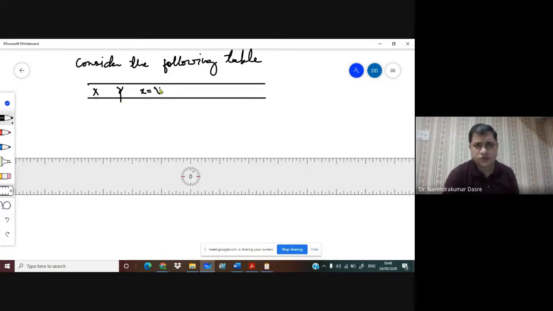Small x is equal to capital X minus x bar. Small y is equal to capital Y minus y bar. Then small x into y, and then I can extend this to the squares.